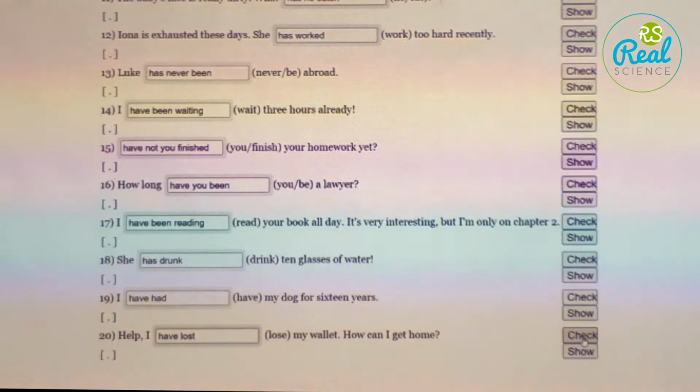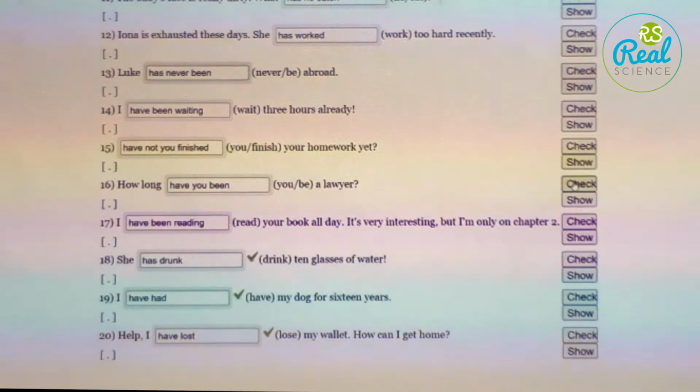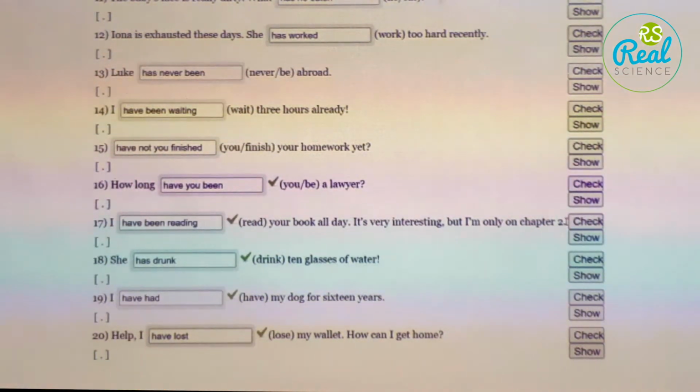Okay, this one correct. This one correct. 17th is also correct. Yes, I have been reading.